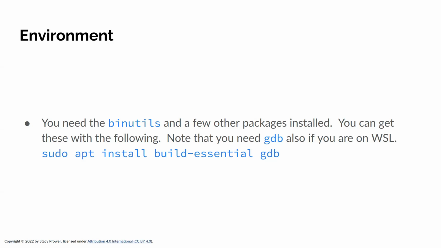And when I did this under the Windows Subsystem for Linux running Ubuntu, I also had to install GDB, which is the GNU debugger that we'll cover in a later class. If you do that, hopefully that will get you mostly up to speed. There are more things you'll need, but we will bring those in as we go through the class.